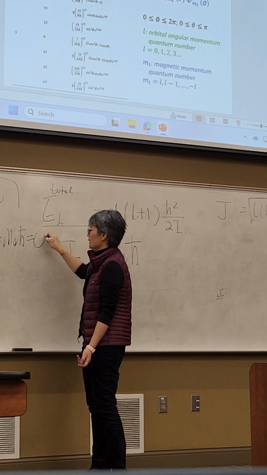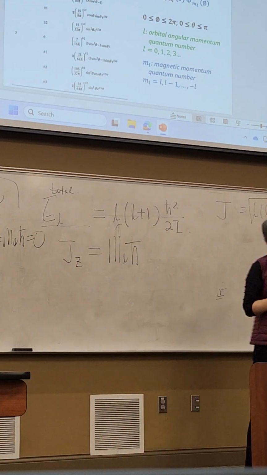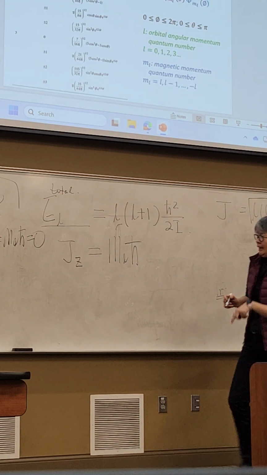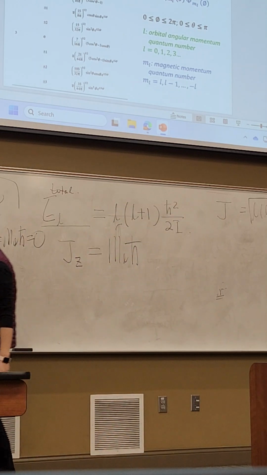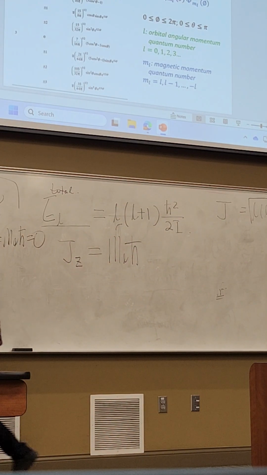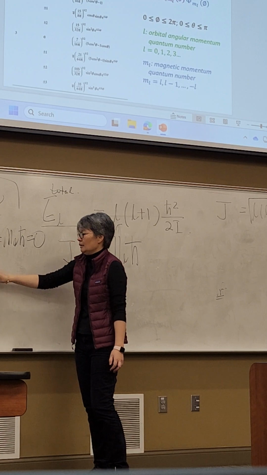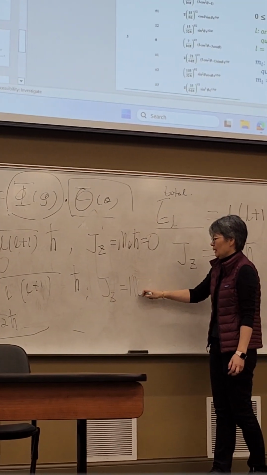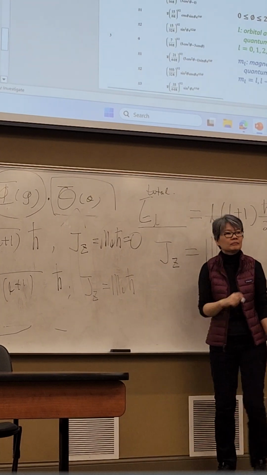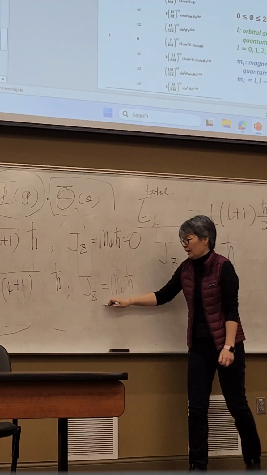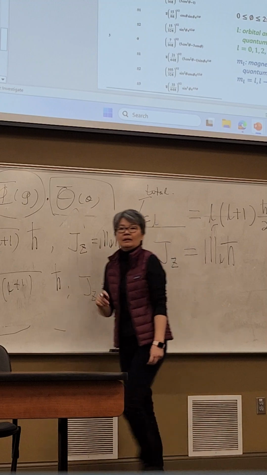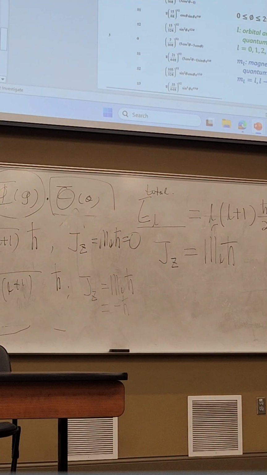M sub L is 0, so therefore it is 0. Now what about for this particular one? Then Jz equals m sub L h bar, so negative h bar. Very good.